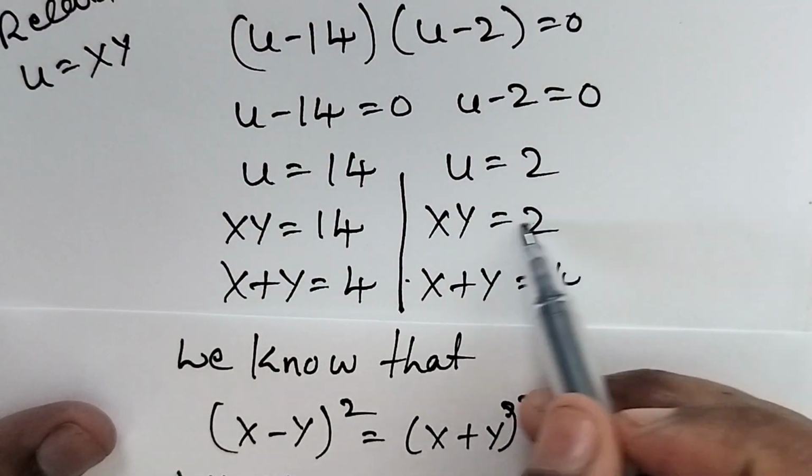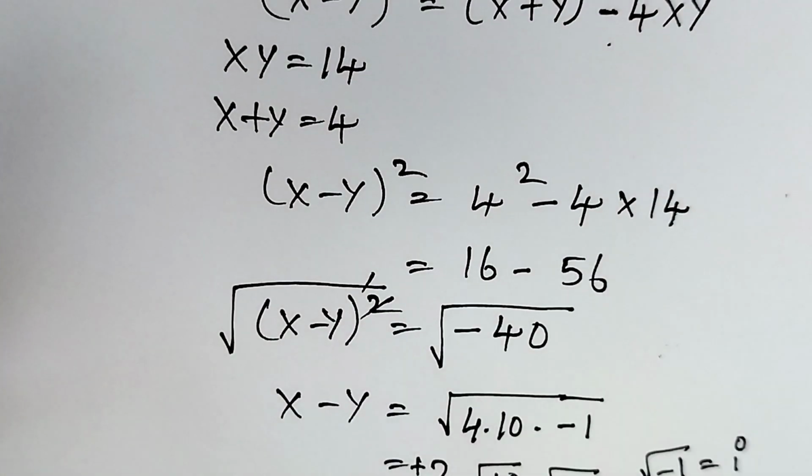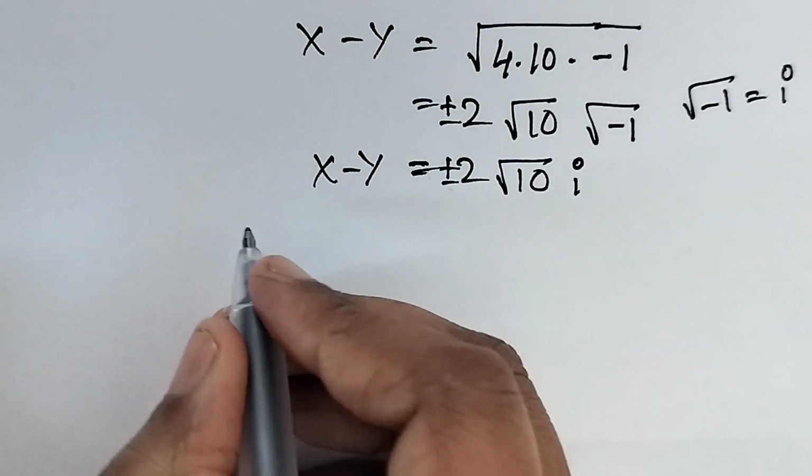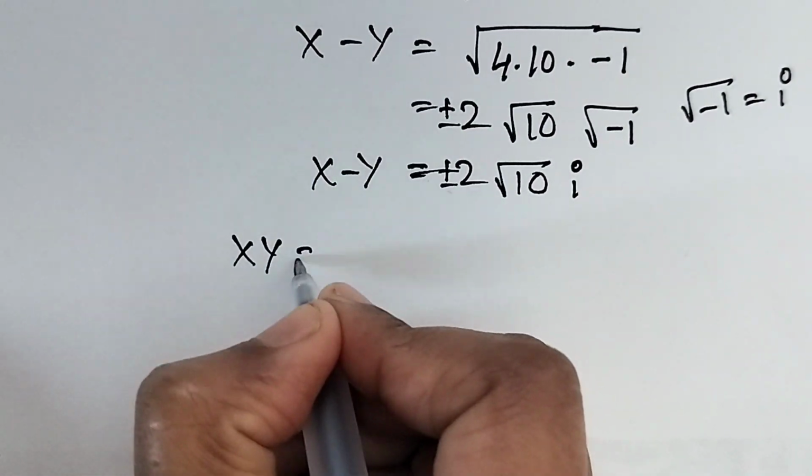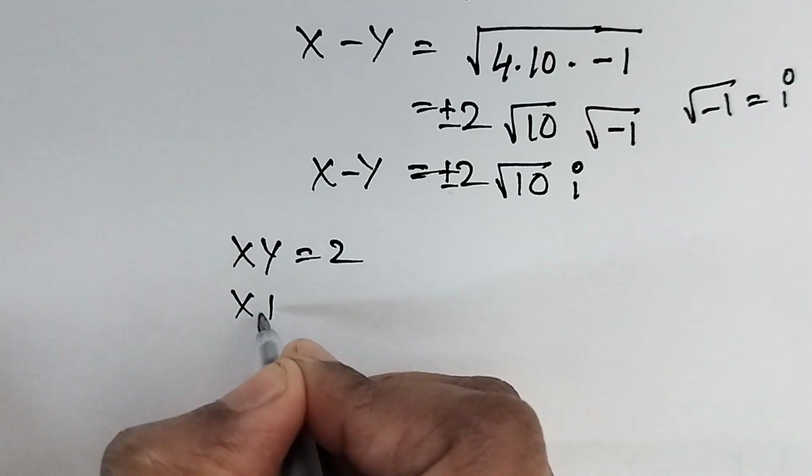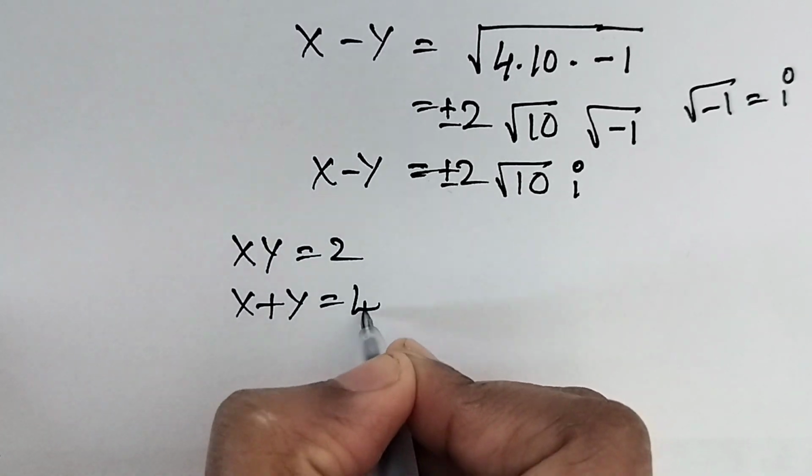Now take this term. So xy is equal to 2, and x plus y is equal to 4.